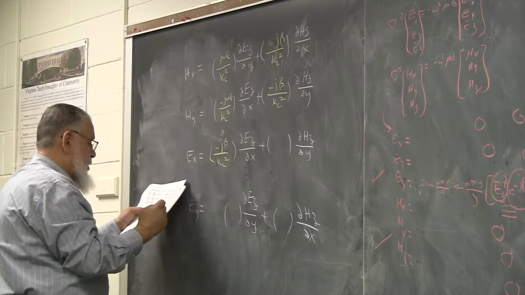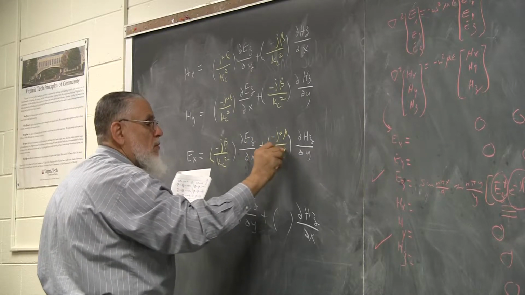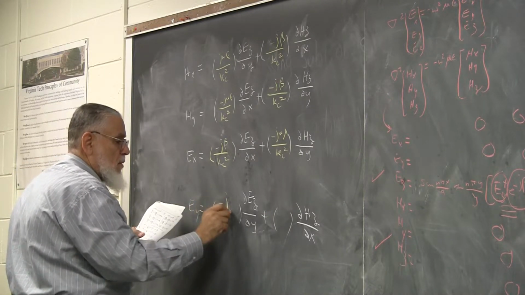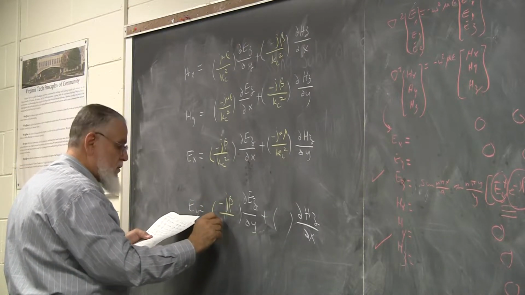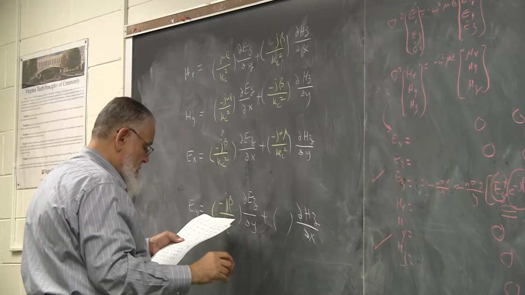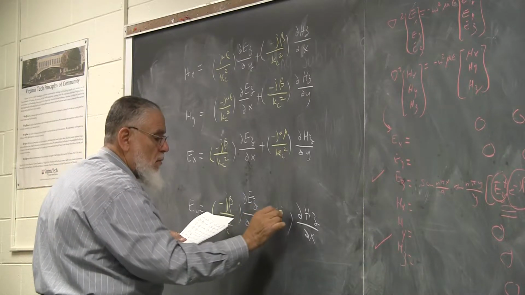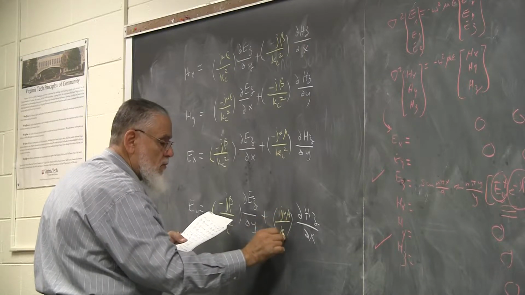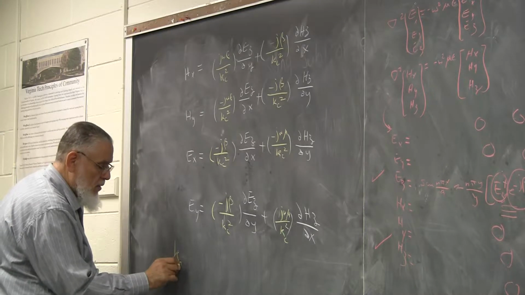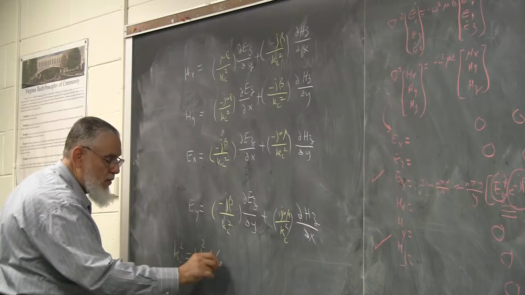And this one here is minus j omega mu over k sub c squared. And finally, this one here is minus j beta over k sub c squared and a plus j omega mu over k sub c squared. k sub c squared is omega sub c squared mu epsilon.